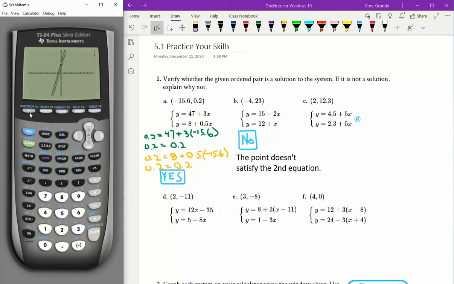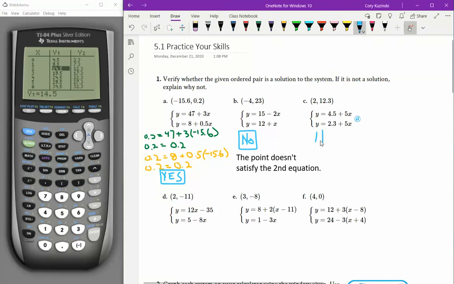So there's no solution to these two equations, actually. We can see that in the table here, too. If we go to 2, one's got an output of 12.3, but the other one doesn't. So I'm going to say no. And you can explain this a couple of different ways. It works in the second equation, but not in the first.